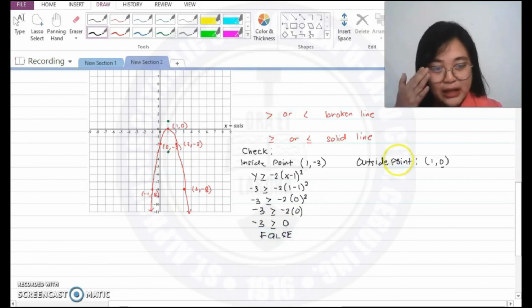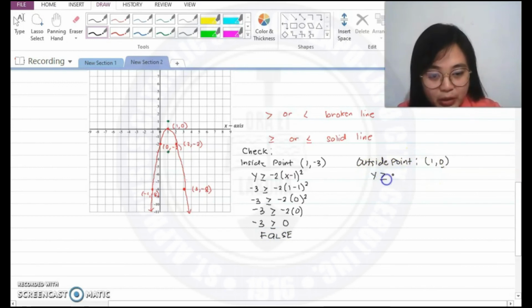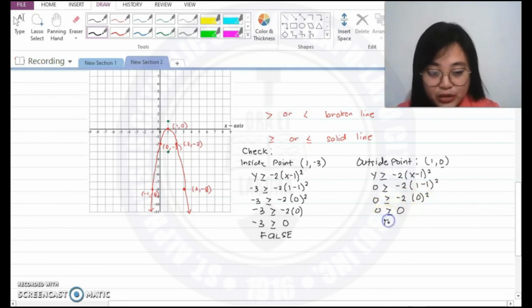Now let us check the outside point. So y greater than or equal to negative 2 times (x minus 1) squared. Our y is 0. 0 greater than or equal to negative 2 times (1 minus 1) squared. 1 minus 1 is 0 squared, and all still the same. Negative 2 times 0, that is 0. So 0 greater than or equal to 0, the answer is true.